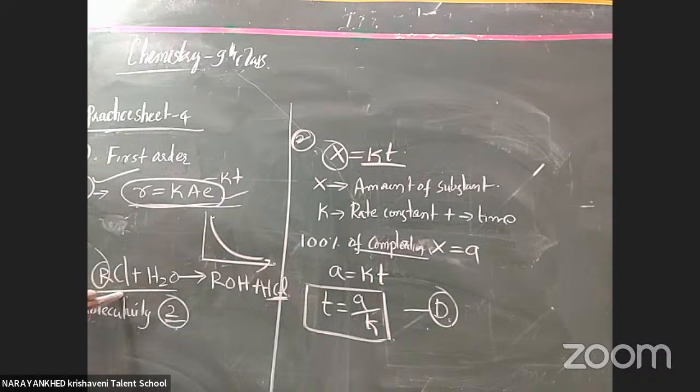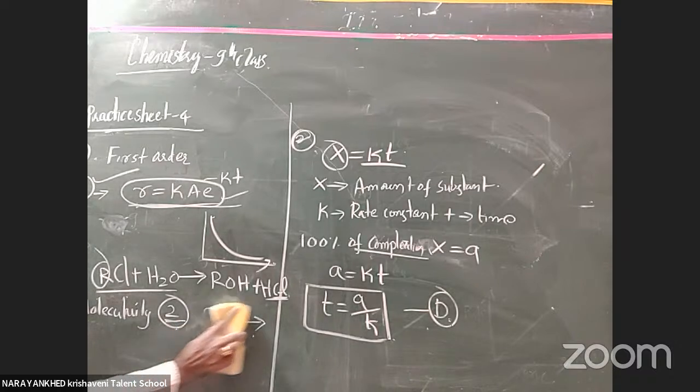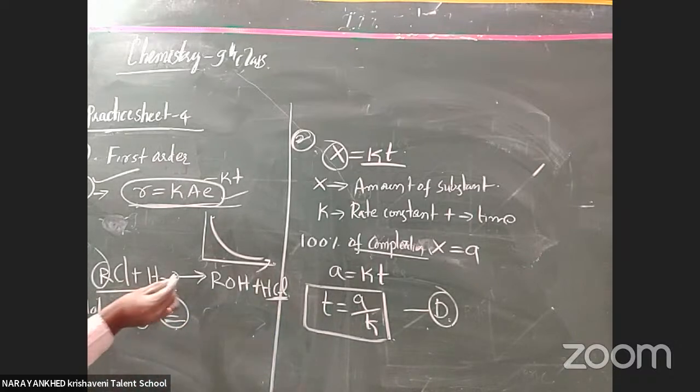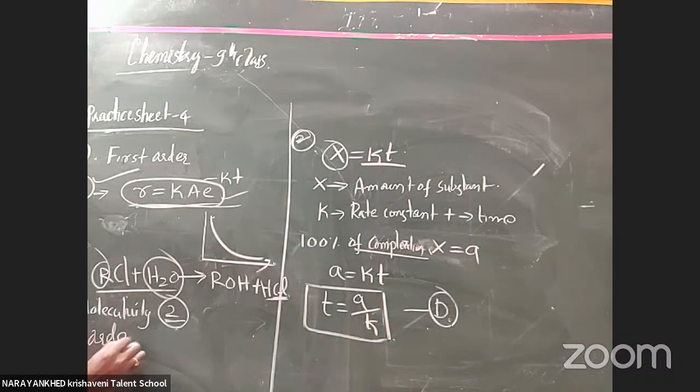Two substances are involved, A and B give rise to something. There is A to the power of 1, B to the power of 1. You think like that, but it is not correct. This reaction totally depends on the water involvement only. It is not that much affected by this chlorine. That's why the order is 1 for this reaction.